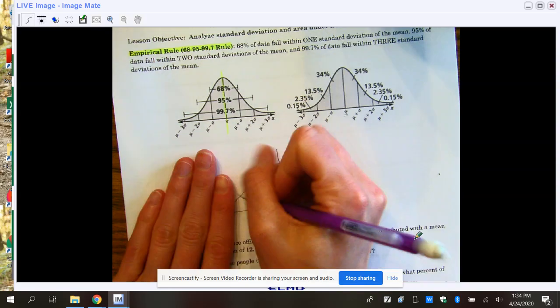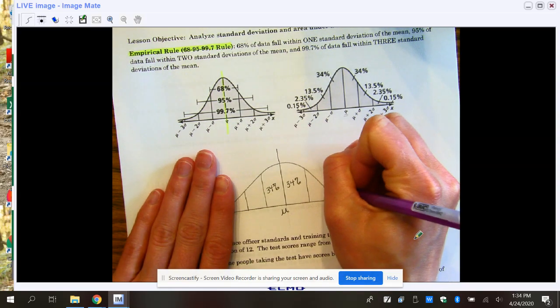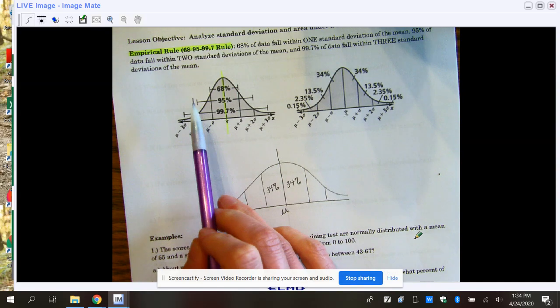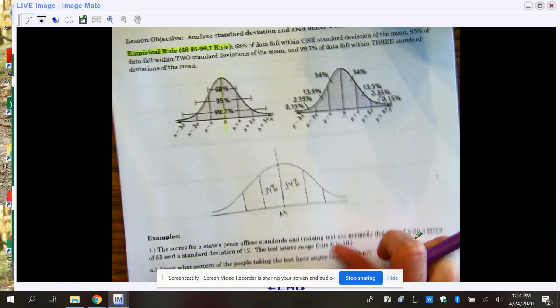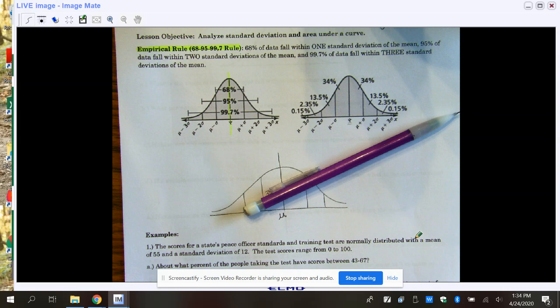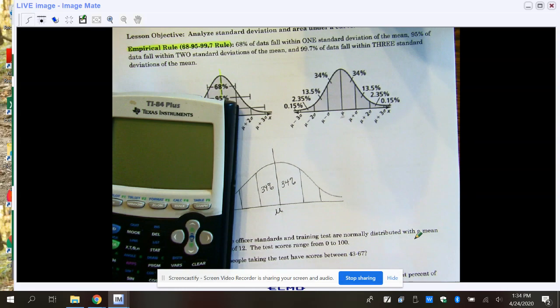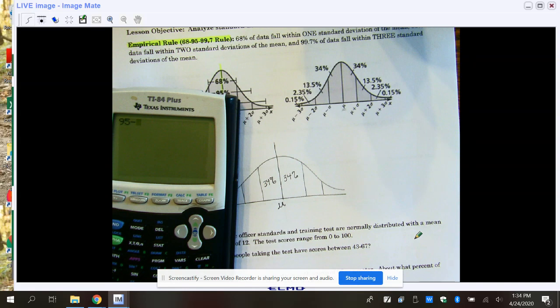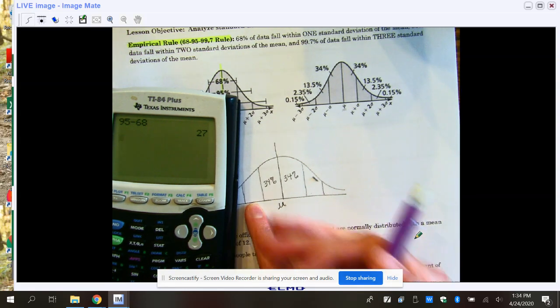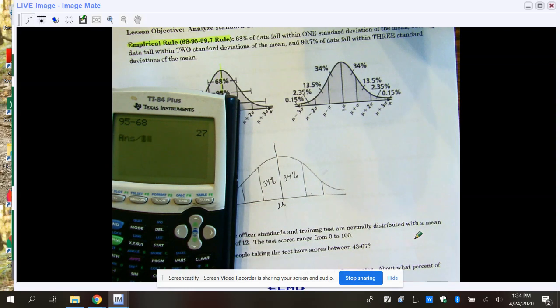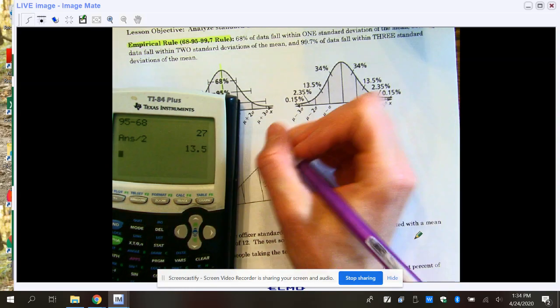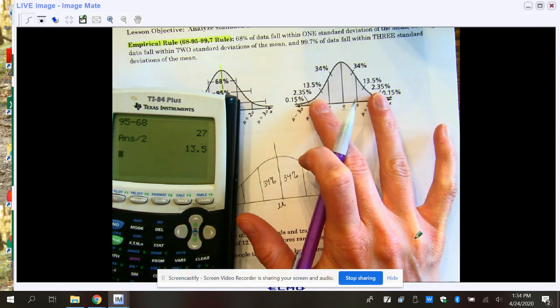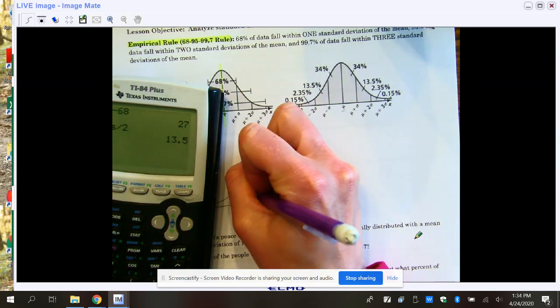Then if we go out another standard deviation, 95% of the data falls within two standard deviations, but 68% is already taken up. So I have 27% left to split between those two bars. 27 divided by 2 is 13.5, so that's where those two percentages came from.